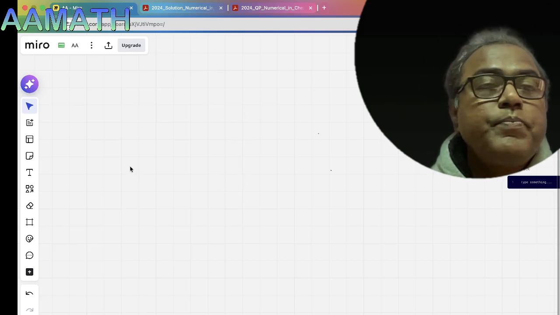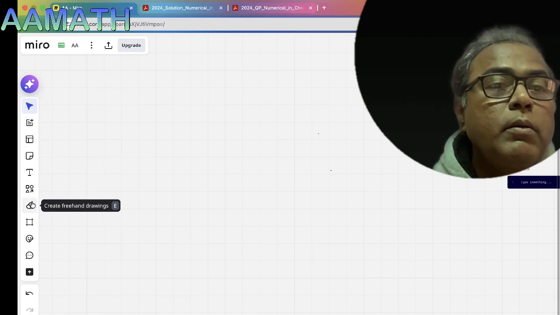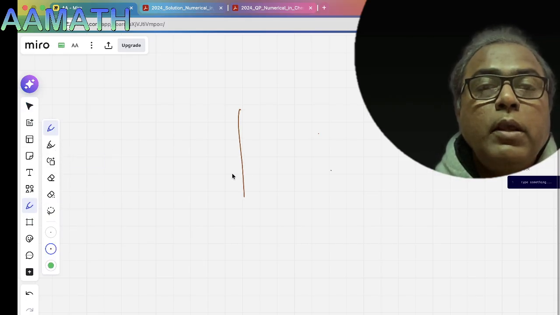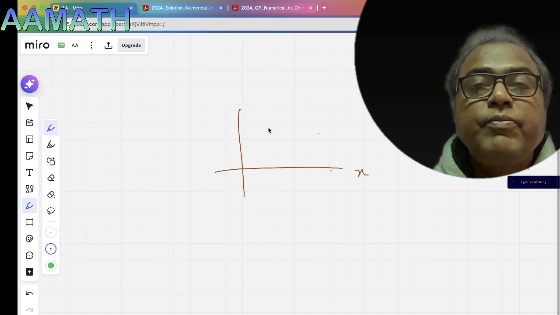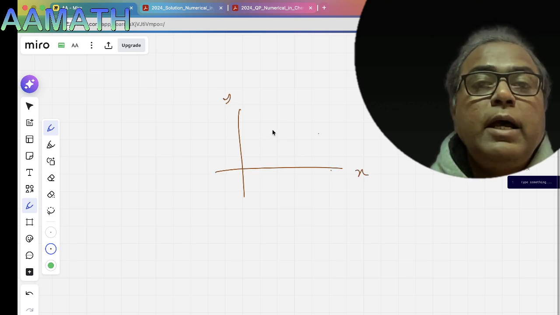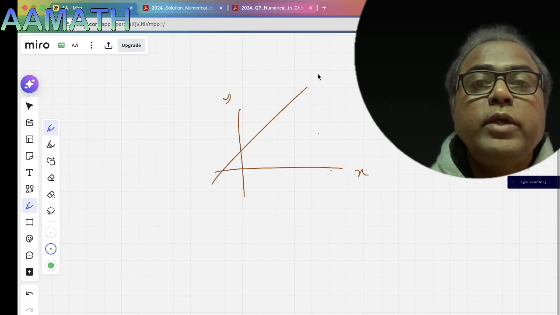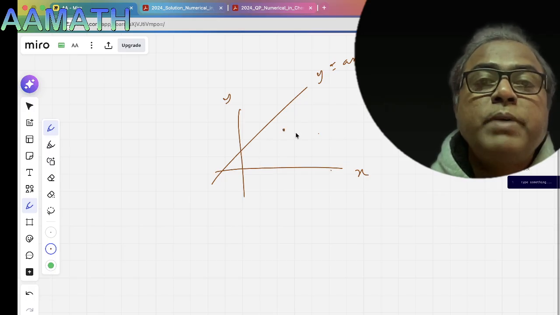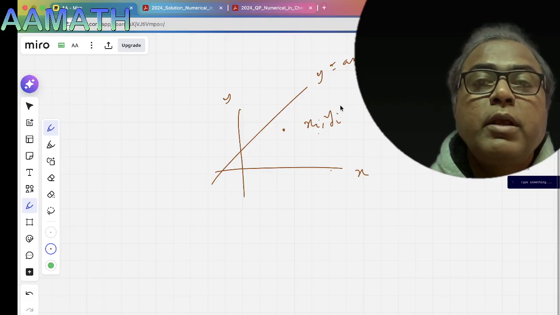This is the x-axis, this is the y-axis, and y equal to ax plus b. This is the line y equal to ax plus b, and say this is the observed value. This is xi comma yi.